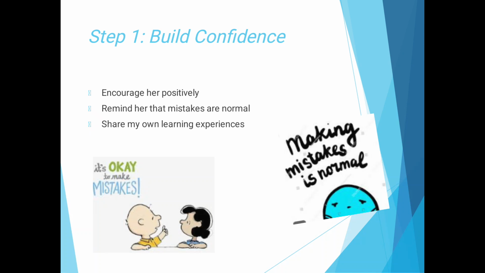I would motivate her, as the main goal of communication is to express clearly rather than speaking perfectly. Even though I am not perfect, we are not all perfect, there was a point from which everyone starts. So sharing my own learning experiences might help her to know that everyone starts from a zero point, and then we grow up.